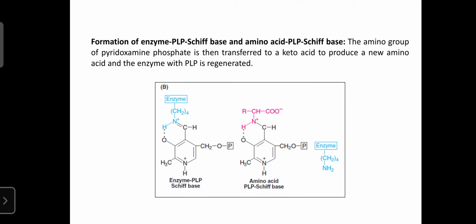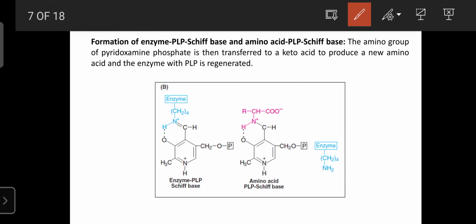Between these two reactions, another additional step is involved. It is the hidden step regarding the formation of the enzyme PLP Schiff base and amino acid PLP Schiff base. The amino group of the pyridoxal phosphate is then transferred to the keto acid to produce a new amino group. Then the enzyme PLP is generated.